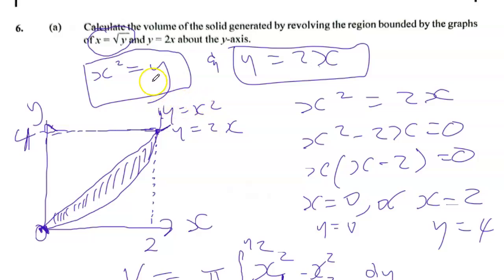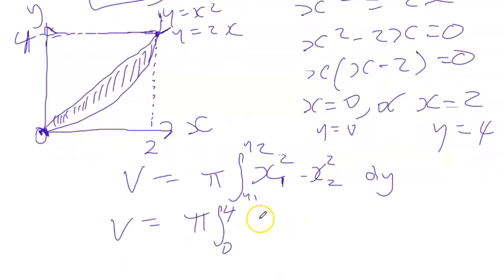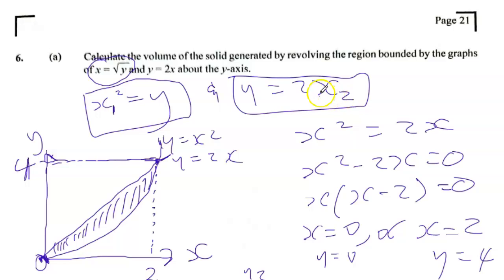So the x squared here, we'll call it x1, and this would be our x2 for the other function, which is the line. So x1 squared, that's y, minus the other function, x2 squared.